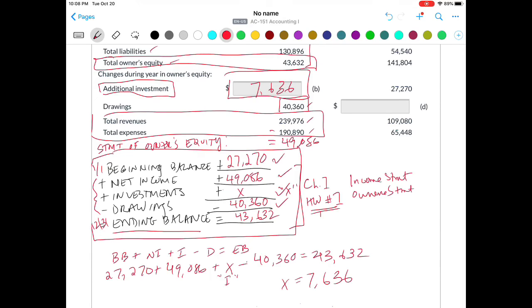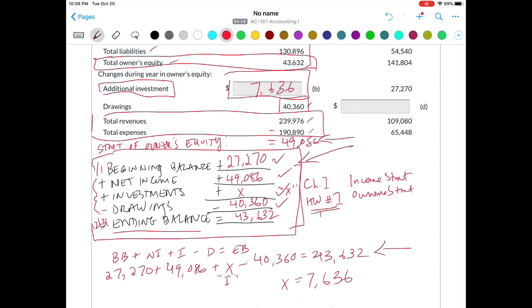7,636. So to solve this problem, the new and more complicated piece of this is obviously knowing how owner's equity works, okay, and the various components of owner's equity. It's also understanding that you have to be able to compute net income, okay, right there. Once you have those pieces down, you're using a skill that you came into this course with, which is algebra, which is this piece here, okay?